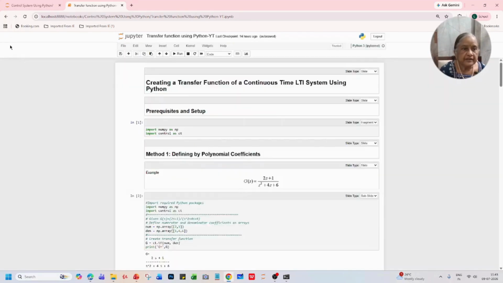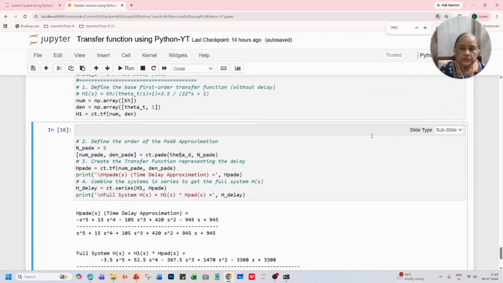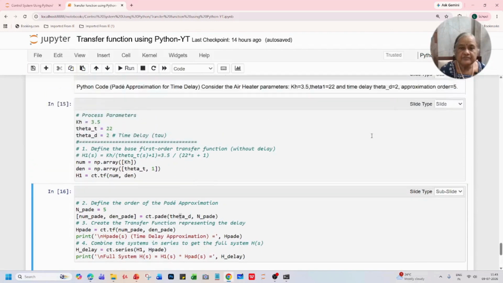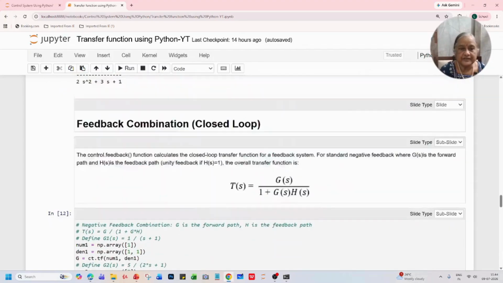So this is how we make use of the Python control systems library functions to define or construct the transfer functions when the transfer function is available in various forms.